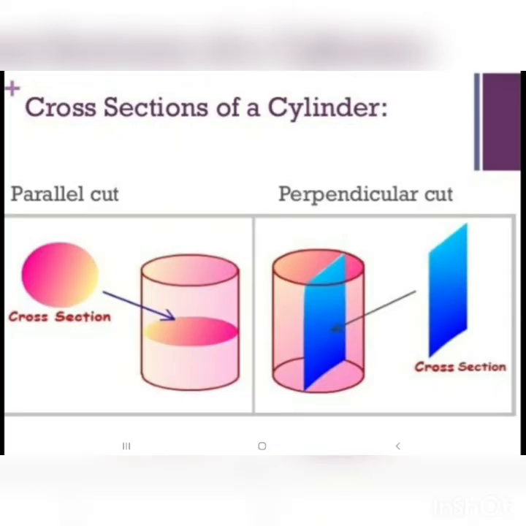Similarly, we consider the case of solid shapes. Consider the case of a cylinder. If we are cutting the cylinder in this way, one piece will have a circular shape. Whereas if we are cutting in this way, a perpendicular cut, then we will get one side as what? Cuboid. That is the difference.